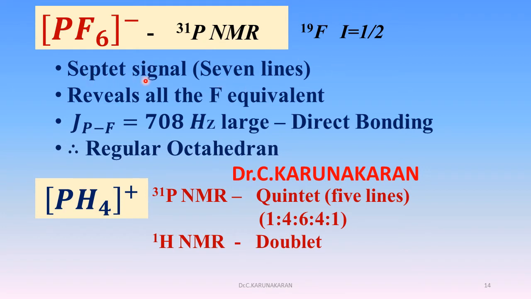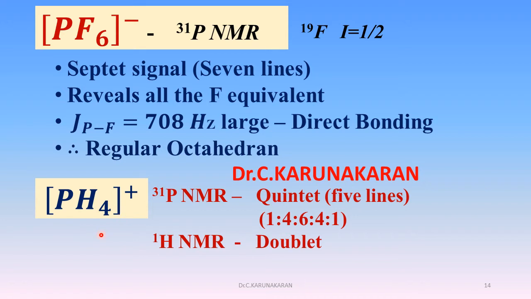It gives a septet signal, 7 lines. There are 6 fluorine atoms. Therefore, phosphorus couples with the 6 fluorine atoms to give a septet, 7 lines. It reveals that all the fluorines are equivalent. Therefore, the geometry is regular octahedral.